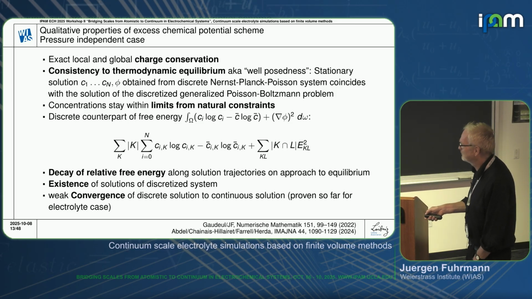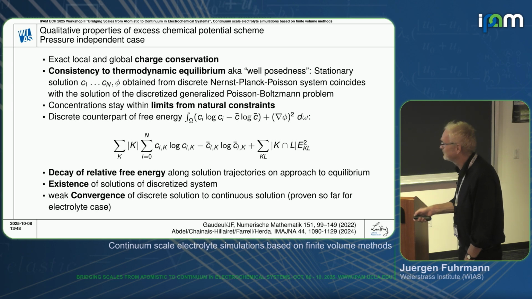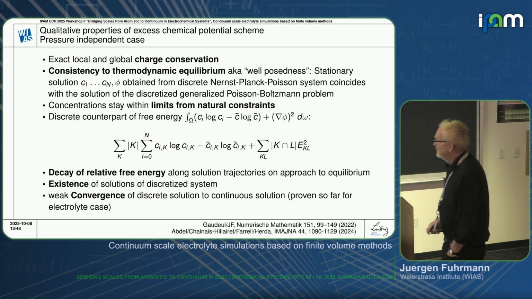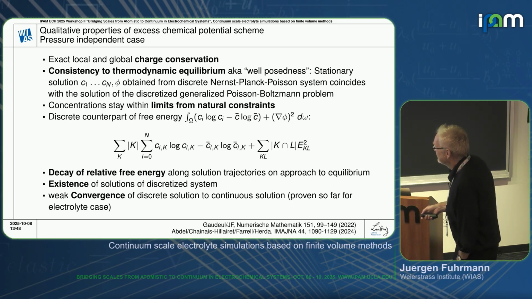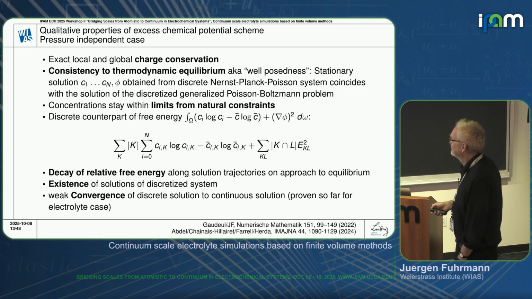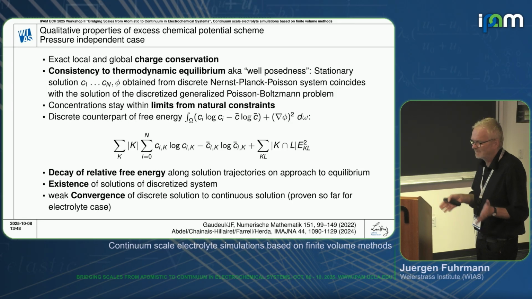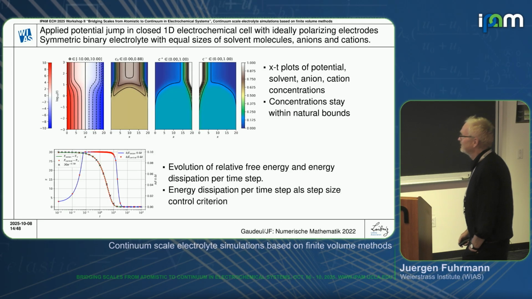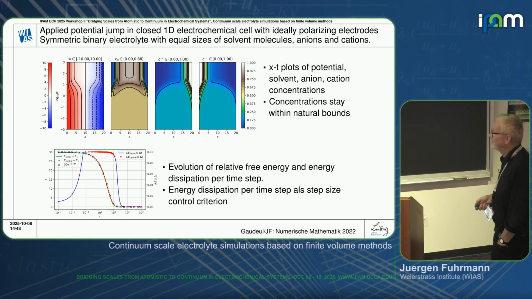Then mathematicians are also, of course, always interested in the existence of solutions of the discretized system, and we also have weak convergence of the discrete solution to the continuous solution. So in that sense, this is a quite nice selling point of the scheme, and we also can show some numerical experiments with this.